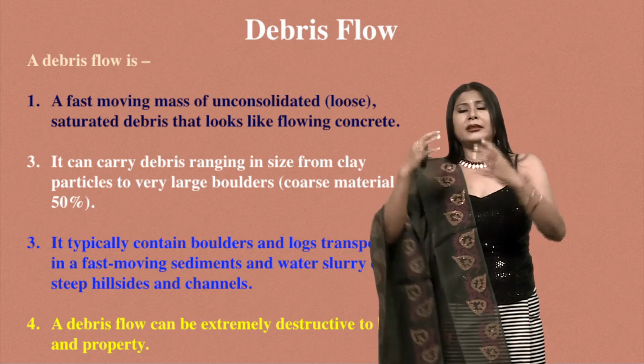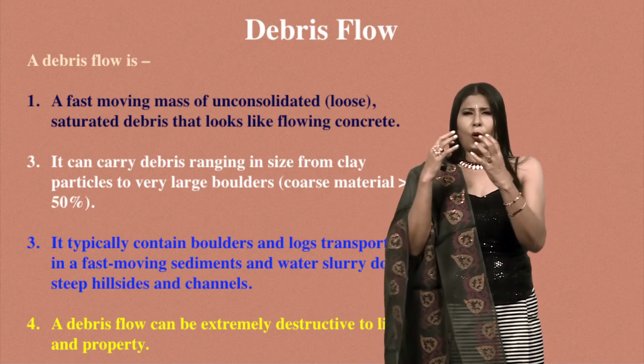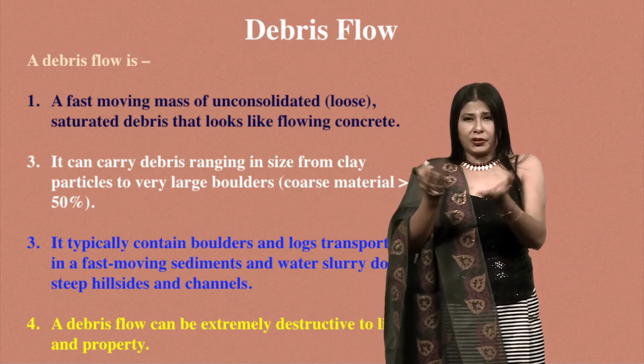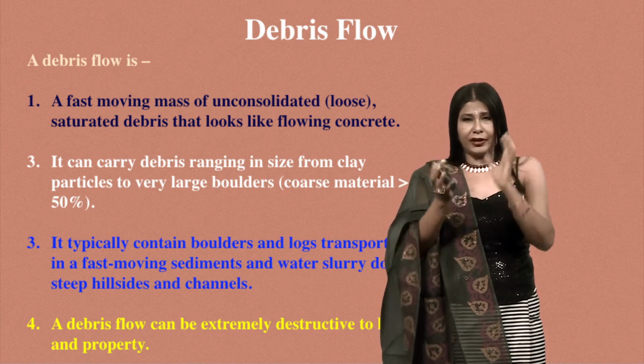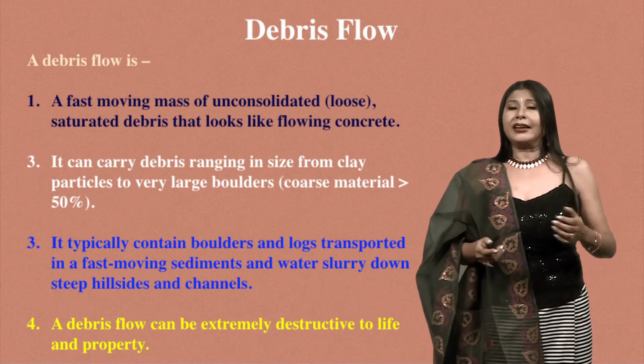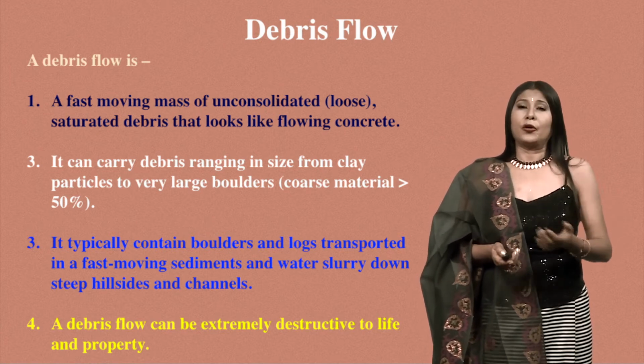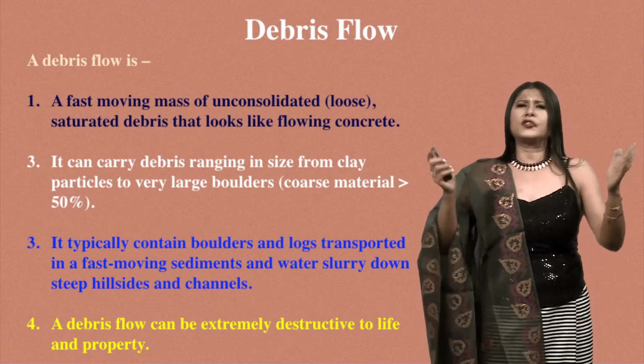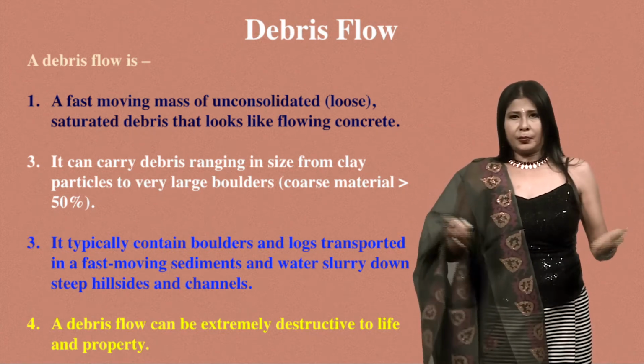All cement and stone of all sizes is mixed with water and it forms a viscous kind of fluid. The consistency looks like this. It can carry debris ranging in size from clay particles to as large as this building.